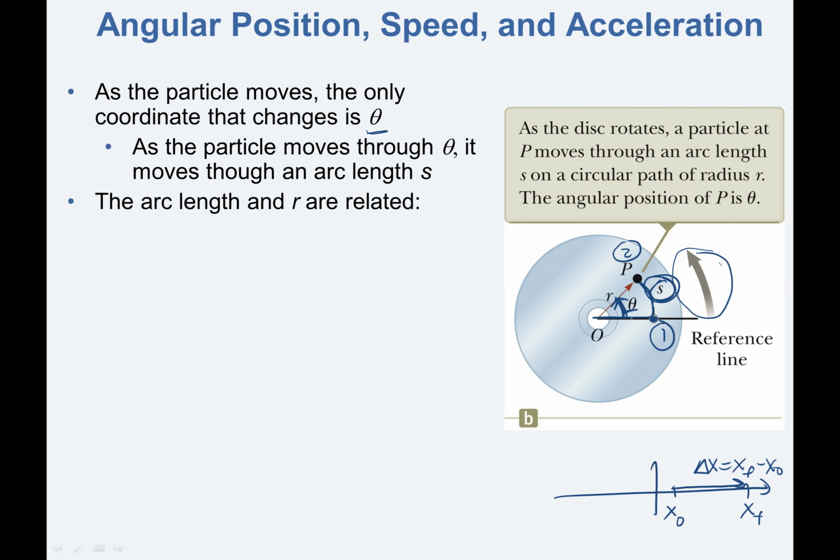And they are related to one another. So the arc length and theta are related because there's an equation that relates those things. We're going to see that in a minute. That means the arc length is proportional to theta. What I mean by proportional to theta is that as arc length increases, theta increases, right?